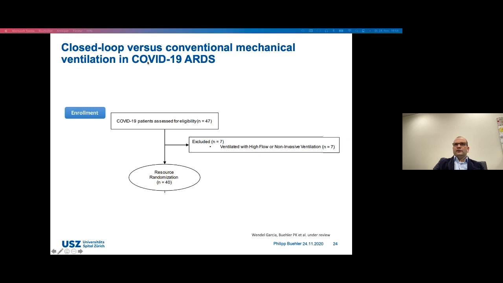First of all, in this closed loop versus conventional mechanical ventilation in COVID-19 ARDS study, overall 47 COVID-19 patients from the first wave were assessed for eligibility.